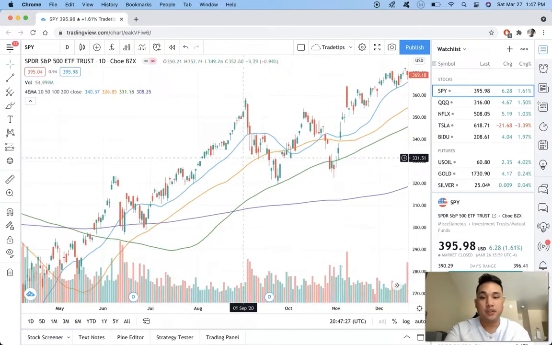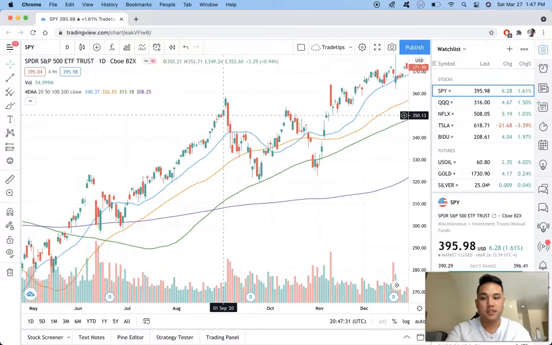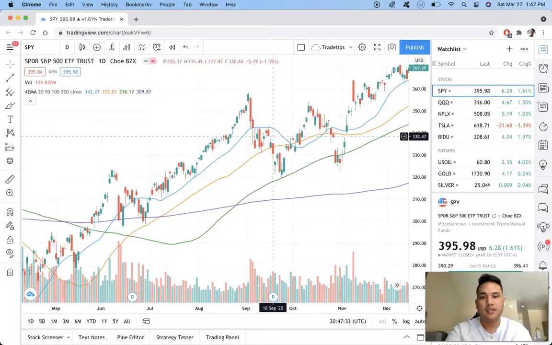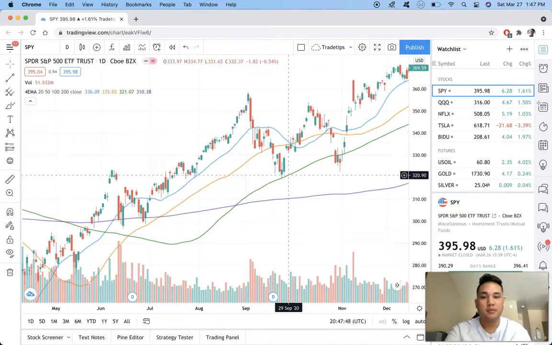Now, if you look over here, when we had a little bit more volatility in September, we found that the price went below the 20, and you can see here that it bounced off the 50 moving average, and the 20 acted as resistance, where it blocked it and came down to the 100.